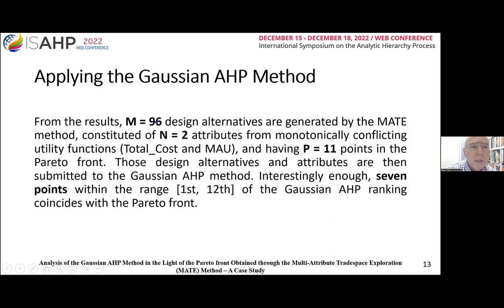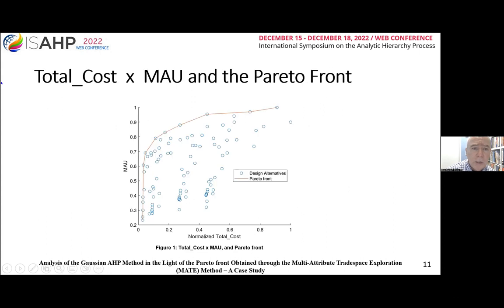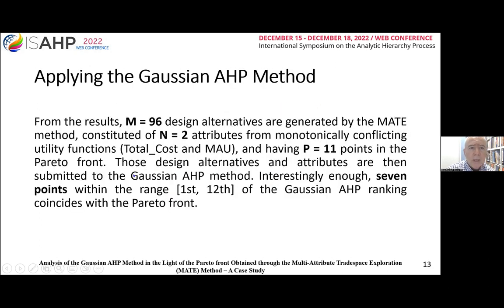From the 96 design alternatives generated by the MATE method, constituted of two attributes from monotonically conflicting utility functions, which were total cost and multiple attribute utility, and having 11 points in the Pareto front, if you count here, we have 1, 2, 3, 4, 5, 6, 7, 8, 9, 10, 11 points in the Pareto front. Those design alternatives and attributes were then submitted to the Gaussian AHP method.